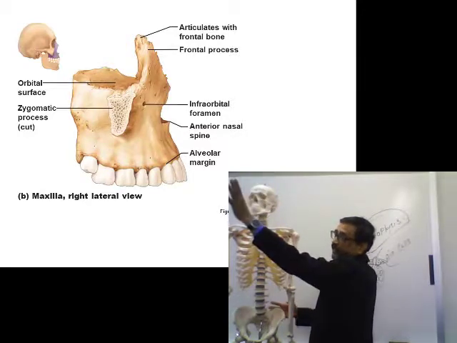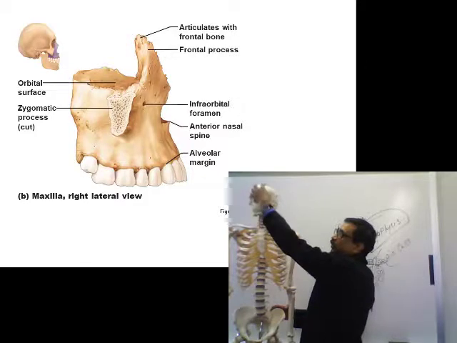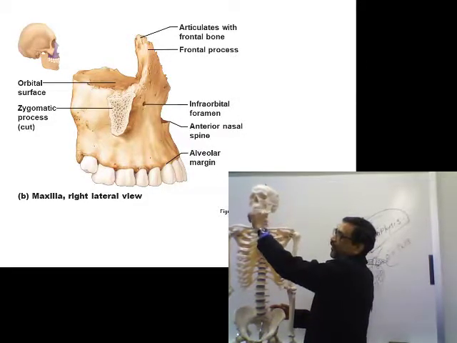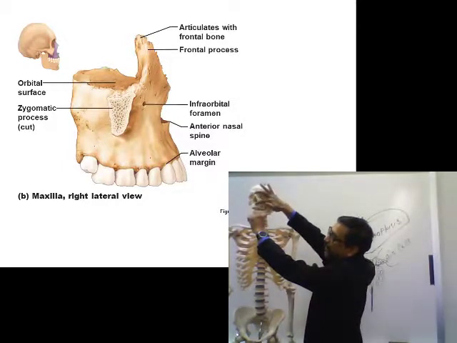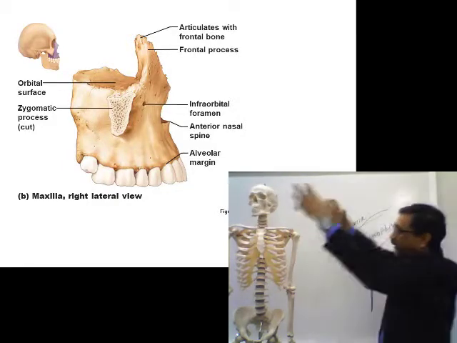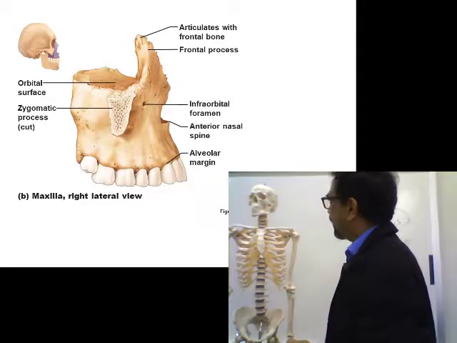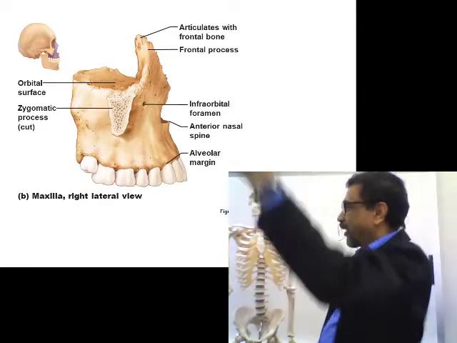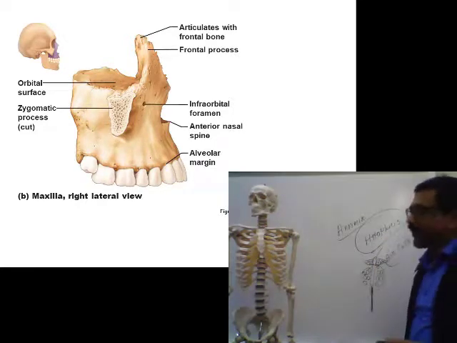There are 14 facial bones, and the maxilla is attached to all facial bones except the mandible. So the mandible is the only bone which is not held by the maxilla, but all other facial bones are held together, held in the face by the maxilla. That's why it is called the keystone bone, sitting in the center and holding the facial bones except the mandible.